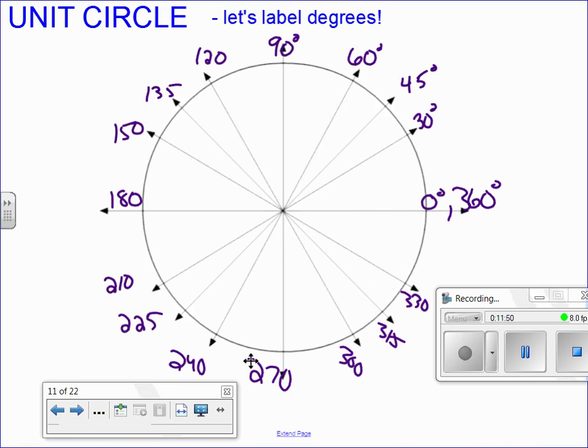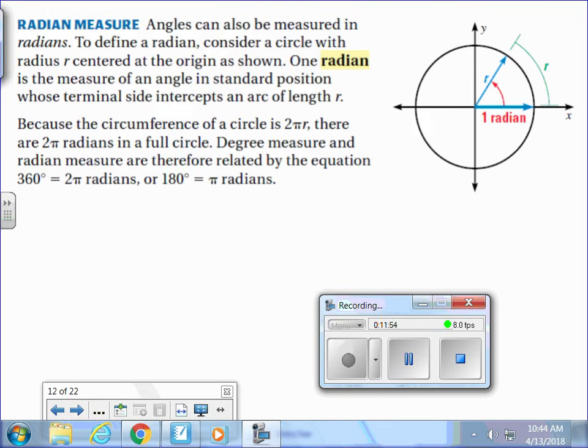All right. Let me pause and let you guys catch up with your circle. This is just a discussion, so I would not write anything down from the slide. I'll save the conversion slide till later to have you write that down. But this just discussed that a radian is another way to measure an angle. A radian is about this large with your angle measurement there.